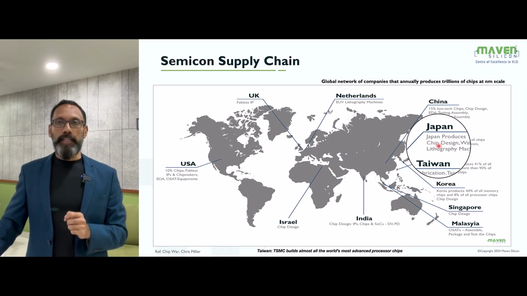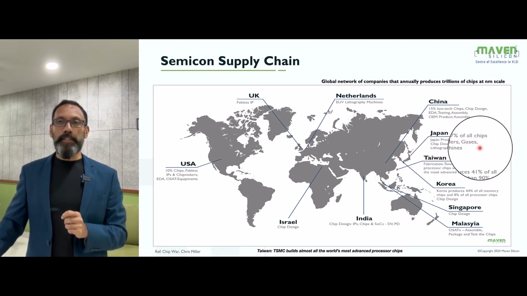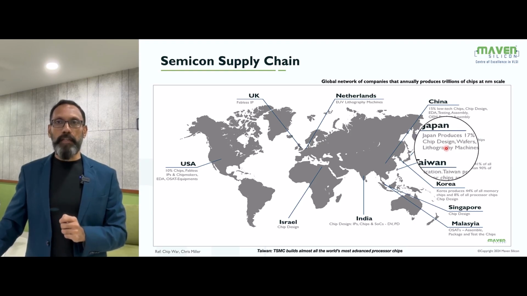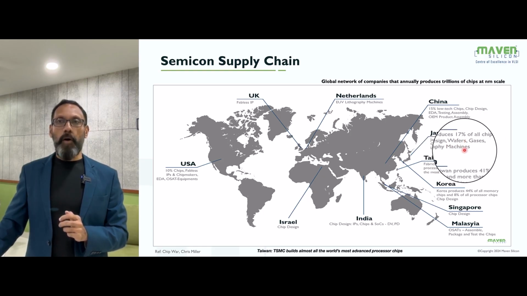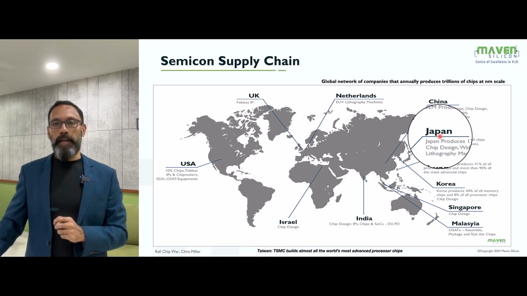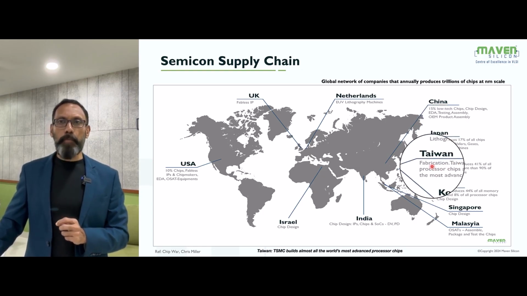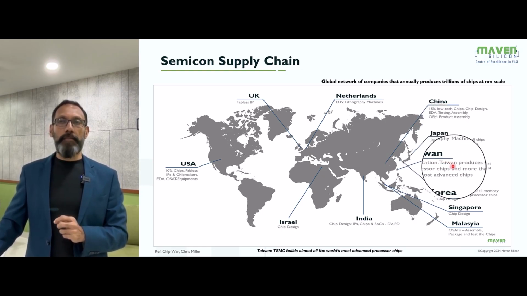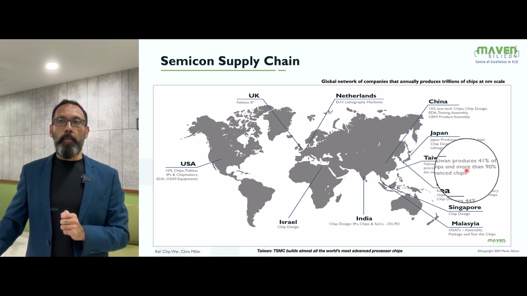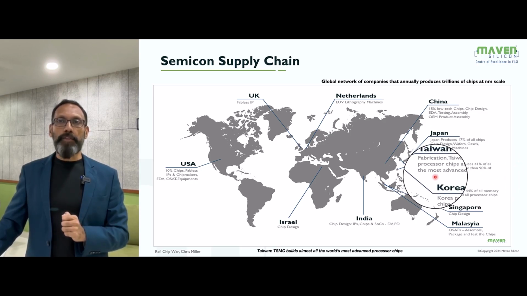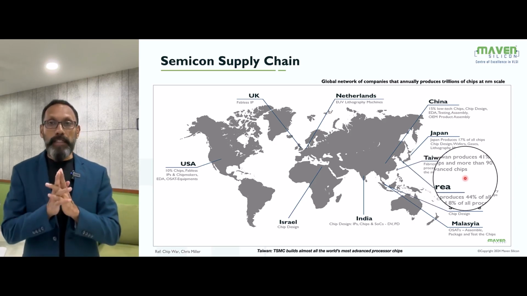And Japan produces 17% of all chips. It's also popular for chip design. And basically, whatever the wafers we use, gases, lithography machines, all come from Japan. And Taiwan is very popular for fabrication. Taiwan produces 41% of all processor chips. And the most important thing is, more than 90% of the most advanced chips fabrication happens in Taiwan.